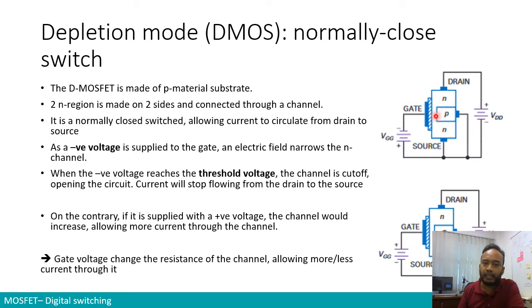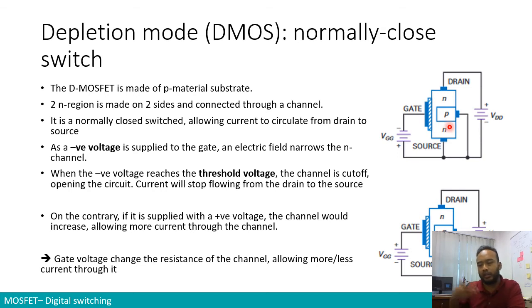When the negative voltage reaches what we call the threshold value, the channel will be cut off. So when it reaches a certain level of voltage, the channel will disappear, and it will turn off the circuit and disconnect the drain and the source, right? So current will therefore stop flowing.